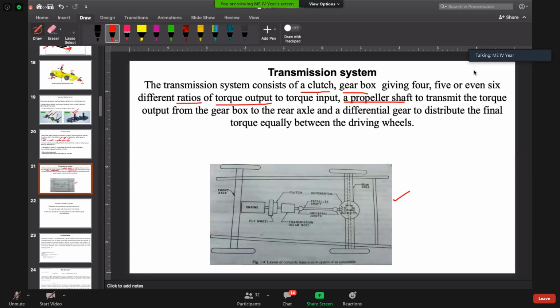Okay, then share it. Sir, is it visible, sir? No. You are doing on your mobile or your laptop? Mobile, sir. Mobile. I don't know how you will show the slide with your mobile phone.